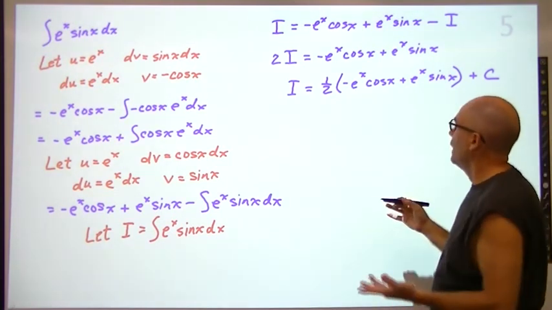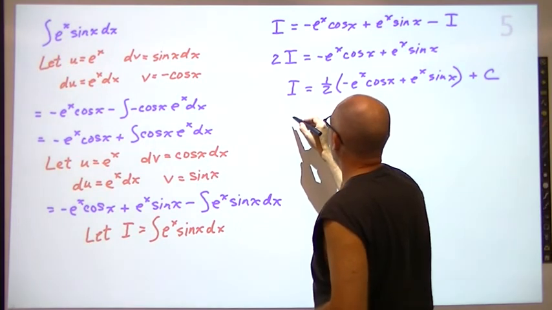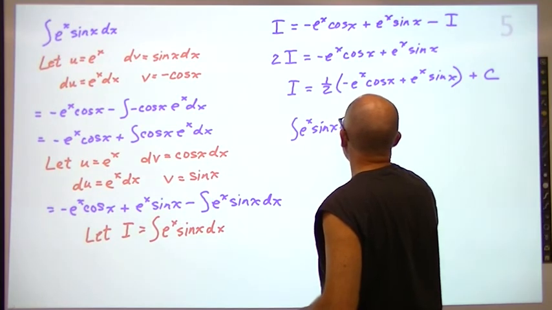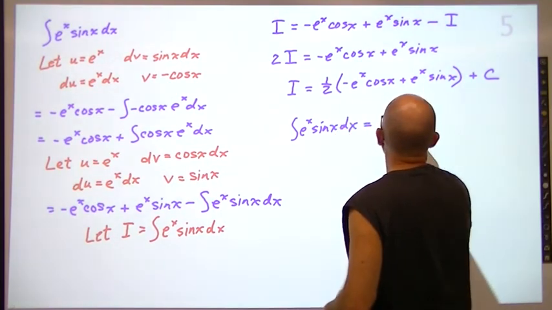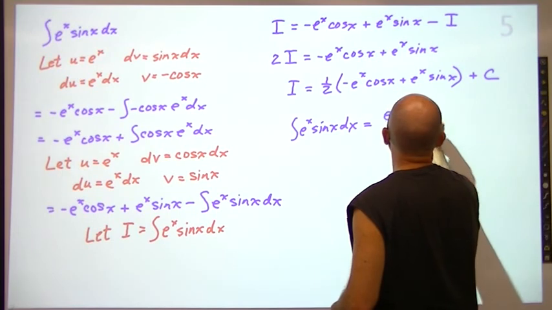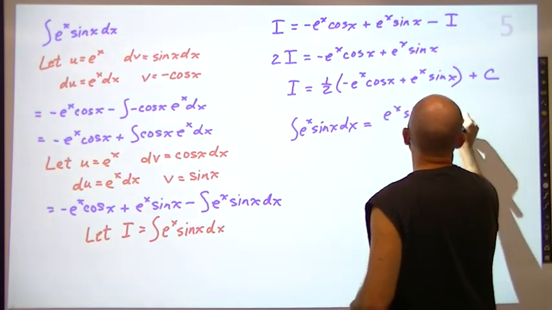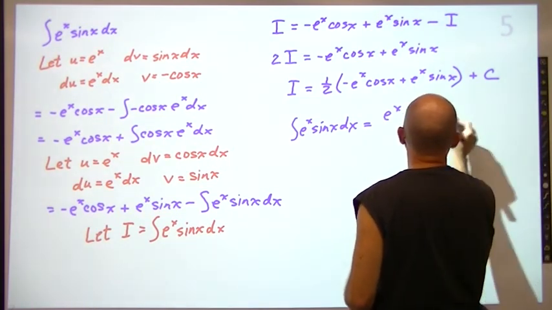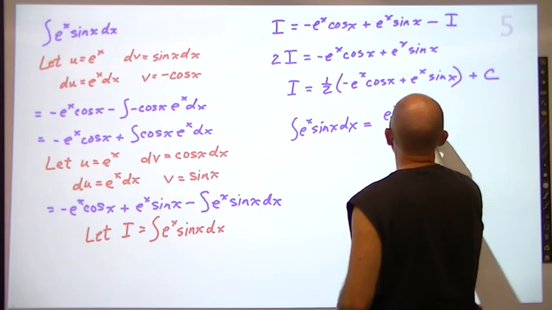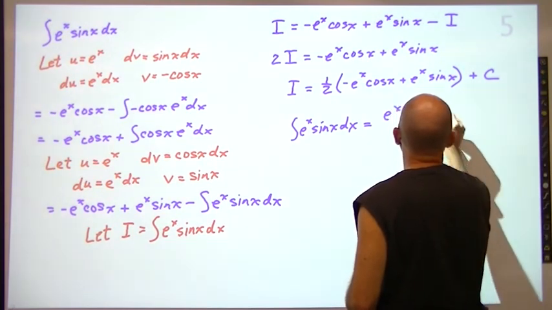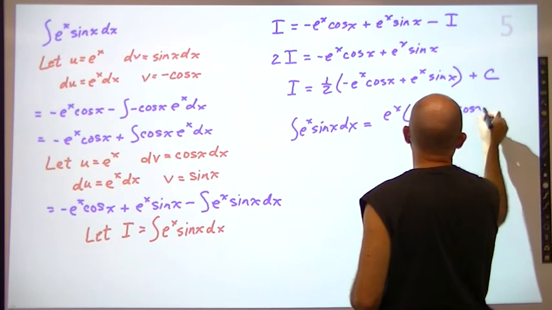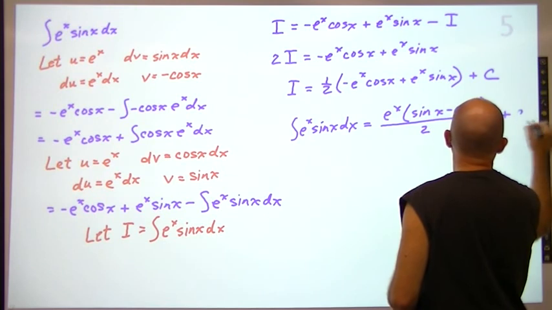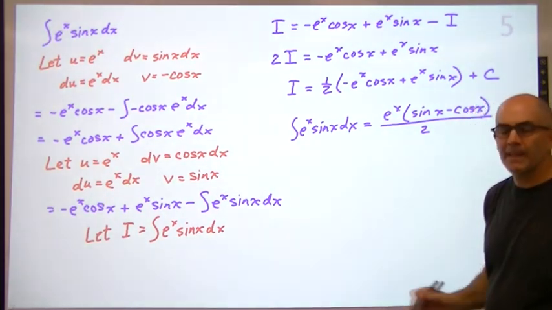That's it, game over. Now if I want to simplify it, I could say, okay, integral of e to the x sine x dx equals, let's just do it like this, we'll factor out the e to the x. So e to the x times sine x minus cosine x all over 2 plus c. That's it, game over.